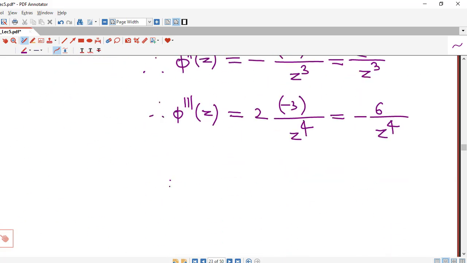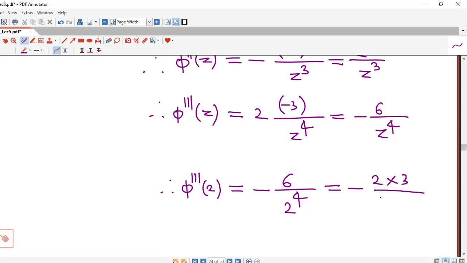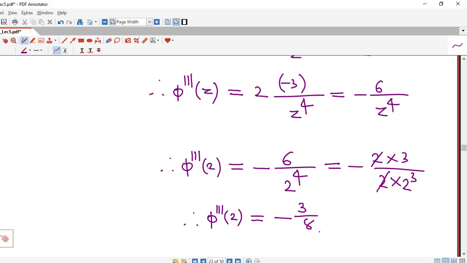So the value of phi triple dash at z equal to 2 will be equal to minus 6 divided by 2 raised to 4, or this we can rewrite as 2 into 3 and here 2 into 2 raised to 3. So therefore phi triple dash 2 will be equal to minus 3 divided by 8.